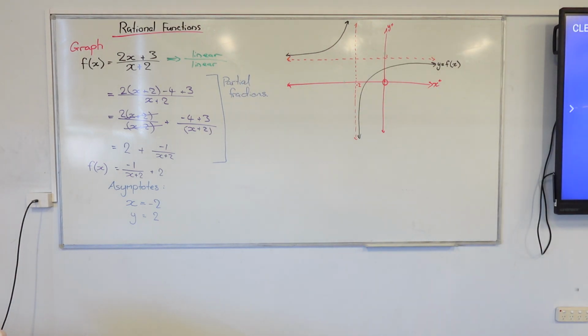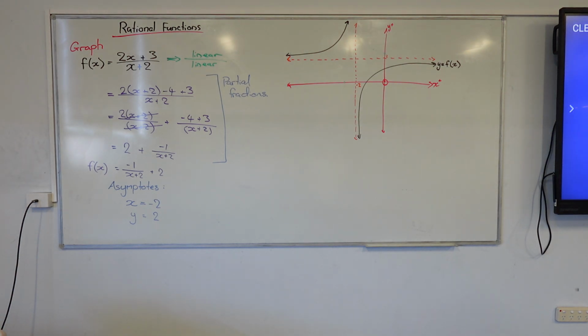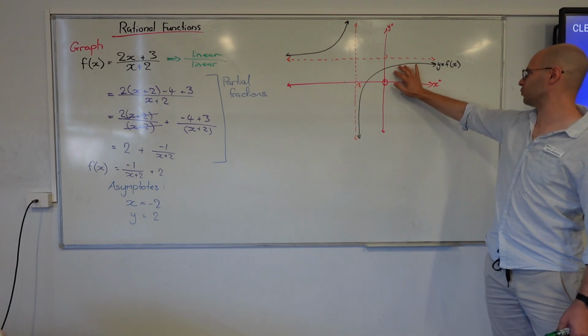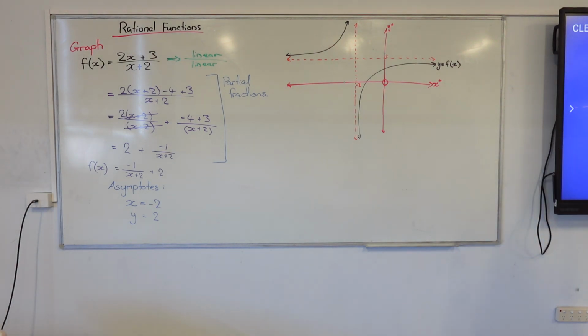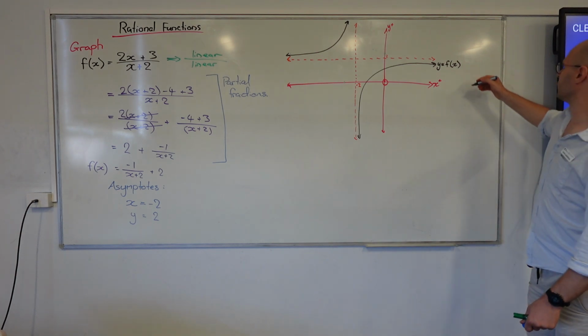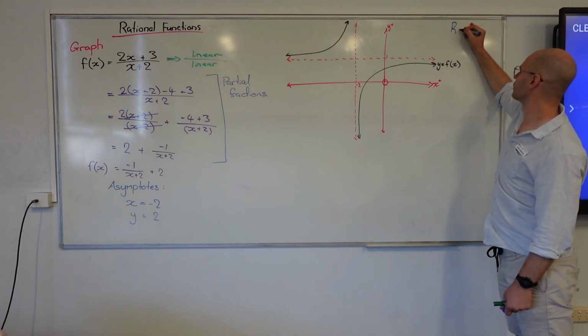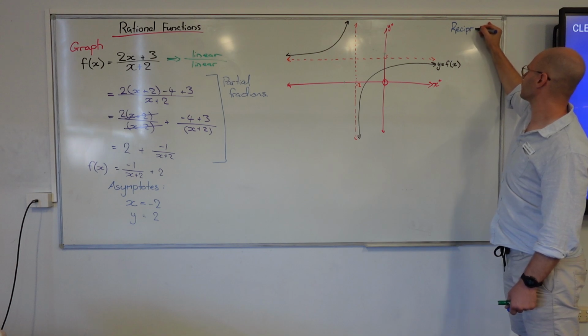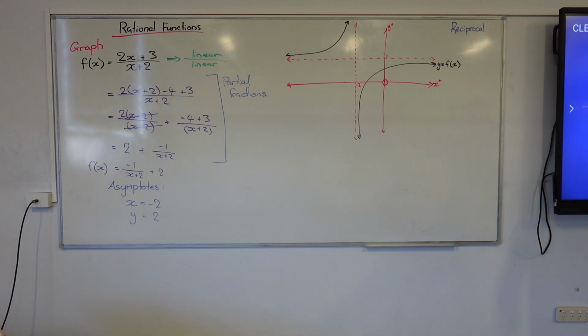Next thing, we're going to think about the reciprocal. We've looked at reciprocal functions where it's 1 over, but what would the reciprocal be of this guy here? Reciprocal, is it spelled with an AL or OL?